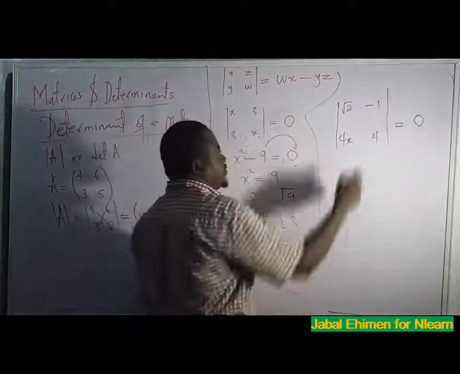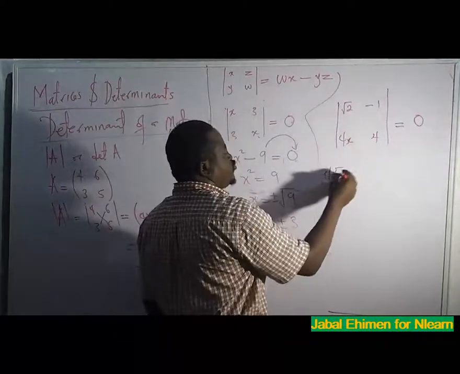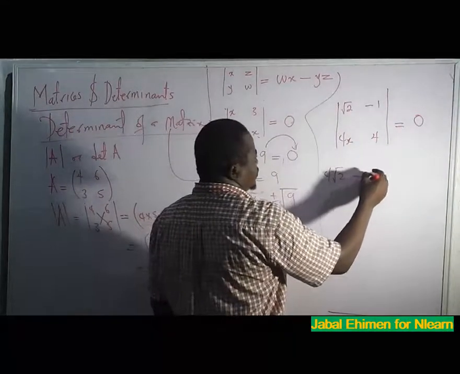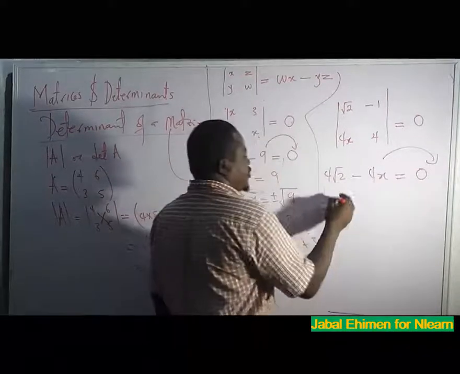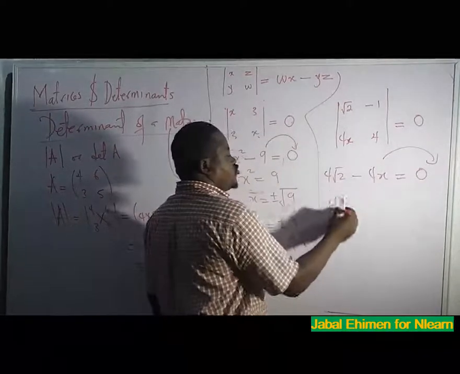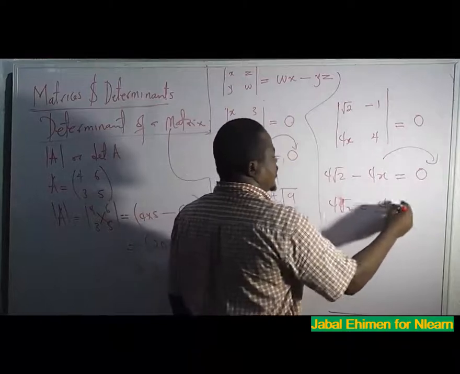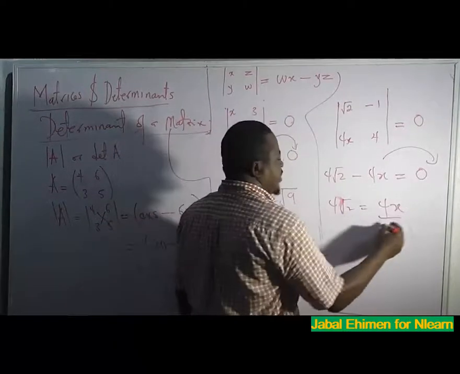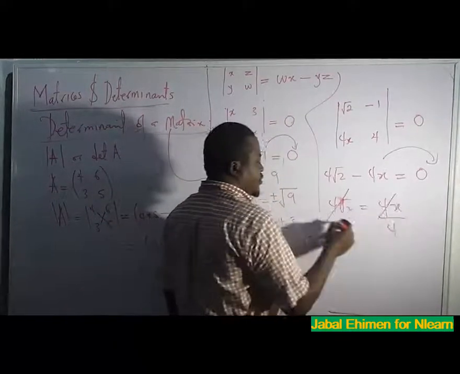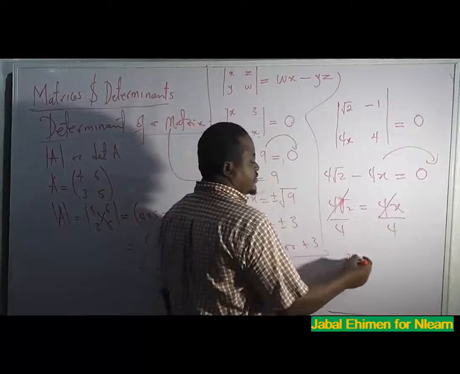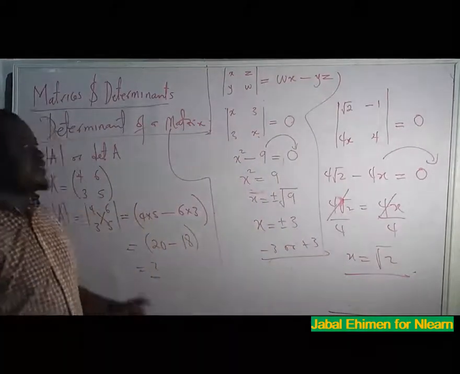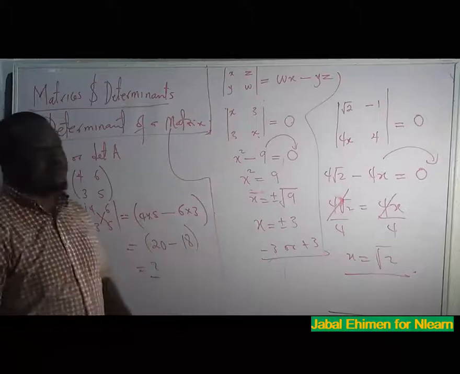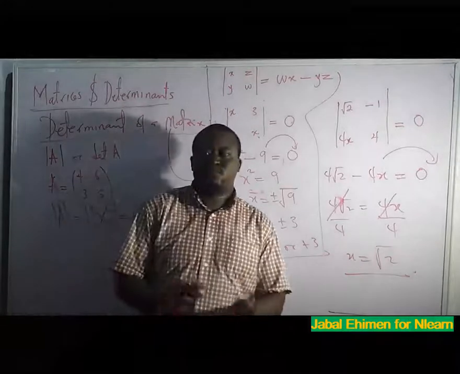If you multiply, you have 4 root 2 minus 4x equals 0. If you move this, you have 4 root 2 equals 4x. If you divide here by 4, and here by 4, x now becomes root 2. So you can have this. These are examples that can come out from what we call the determinant of a 2 by 2 matrix.